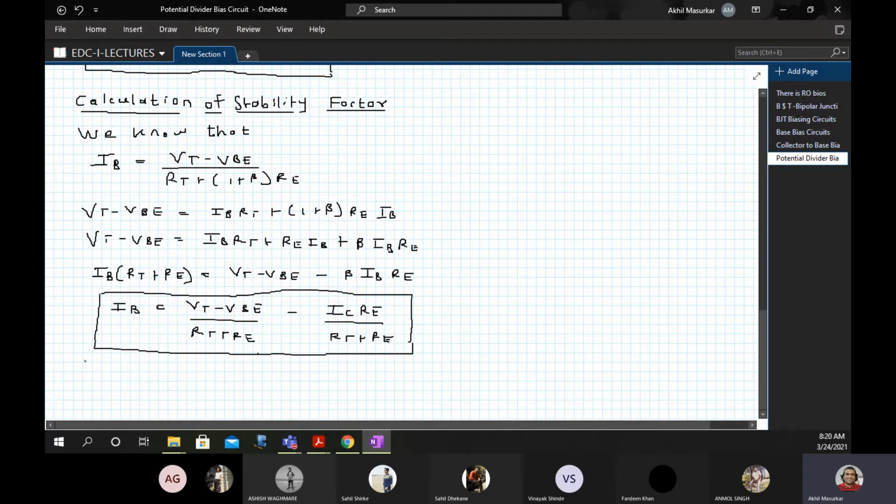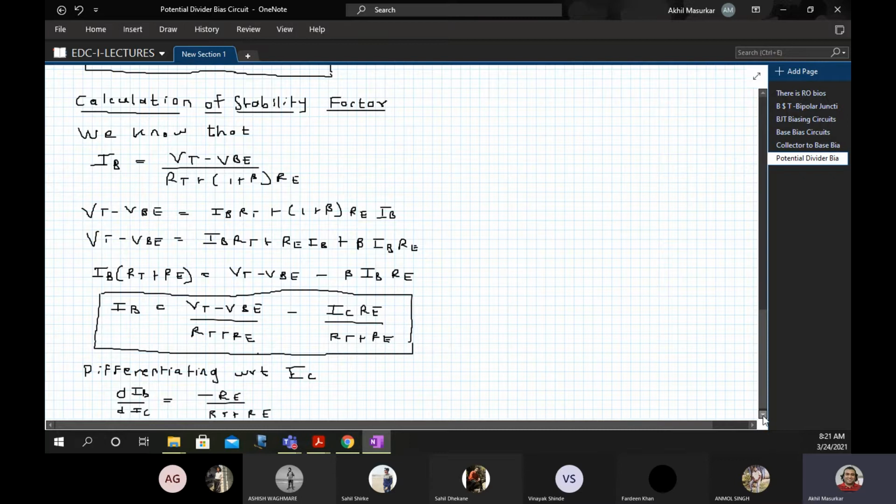So here now, once we get this, we will write differentiating with respect to IC, and the first term is a constant, so automatically that becomes zero, so delta IB upon delta IC is equal to the derivative of the second term, which is simply minus RE upon RT plus RE.